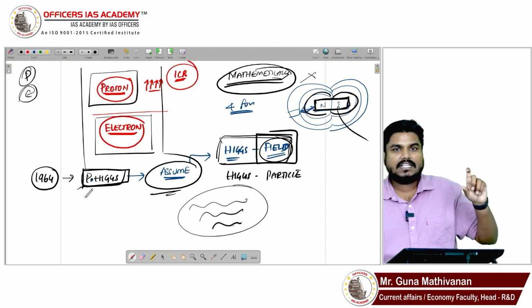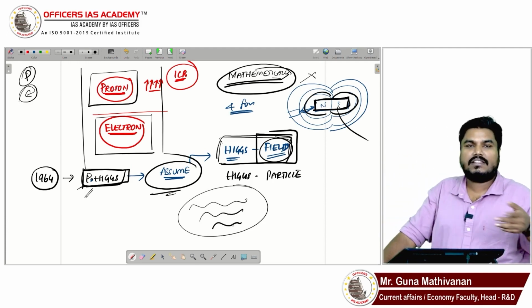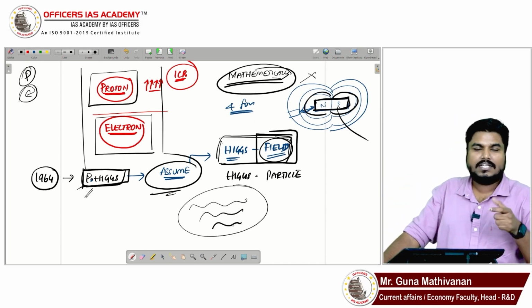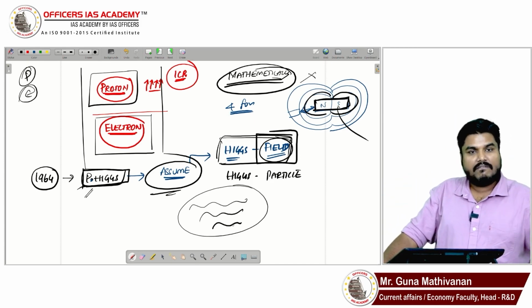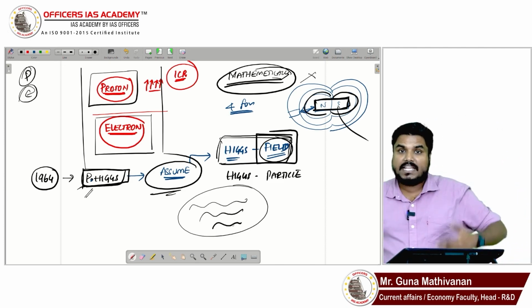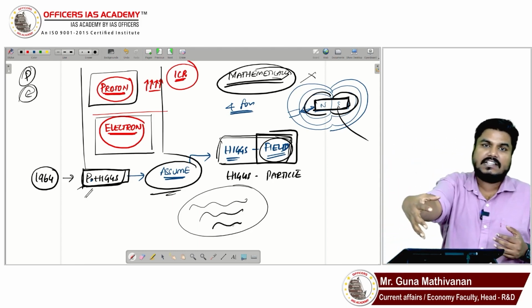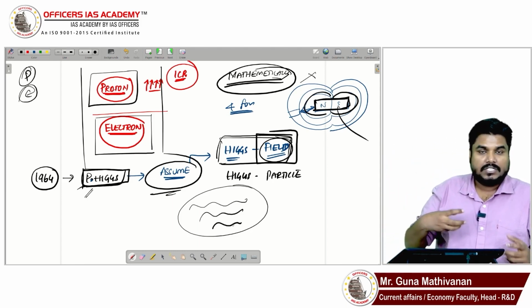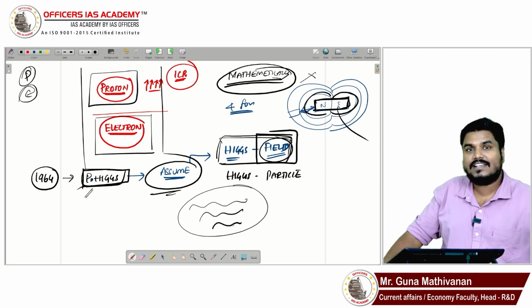Now, if you imagine a small fish, it will easily swim in water. It is because that fish's interaction with the water body is less when compared to my interaction with the water body. So it is the interaction that is causing the weight. So my interaction is more, that fish's interaction is less.